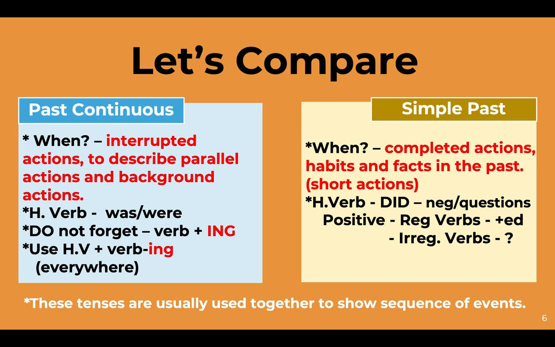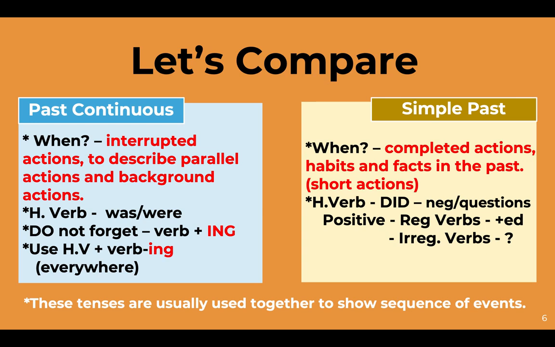Instead, for the past continuous, we must use the helping verb always, plus the ing verb. Okay, so ing goes along with the helping verb everywhere: for negative sentences, questions, and positive sentences.